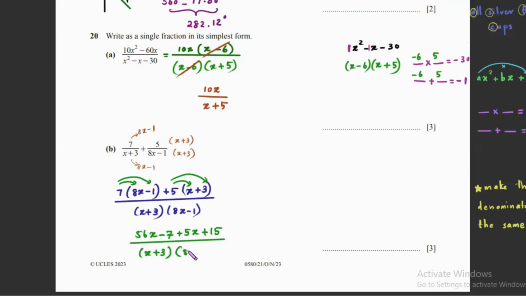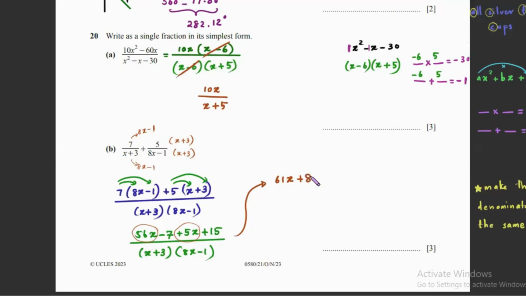Now I can simplify the numerator by combining all the like terms. 56x and 5x give me a total of 61x. Minus 7 and plus 15 make a total of 8.